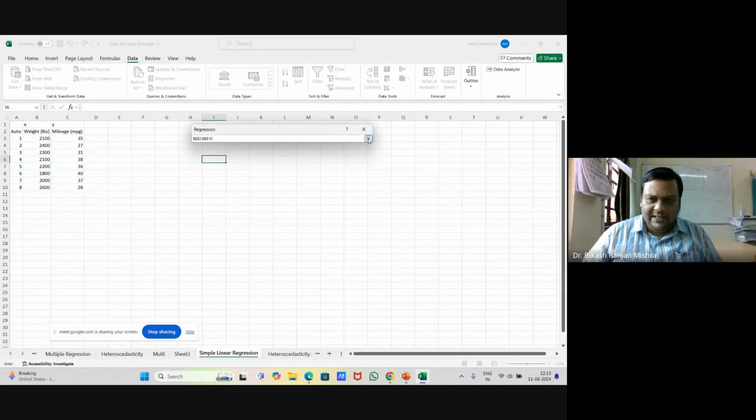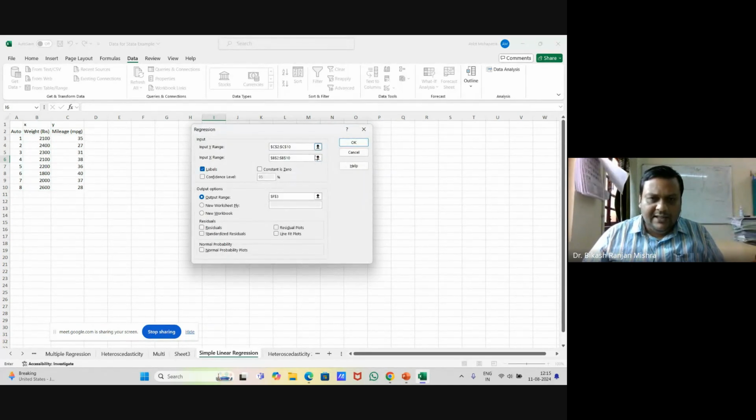Then you have to see whether everything is available or not. As you can see, the C2 to C10. So as you can see here, the C2 is from the mileage to C10 is 28. This is the Y range, which is the dependent variable. And in the X range, it is B2 to B10. That means from the B2 weight to B10, 2600, it is selected.